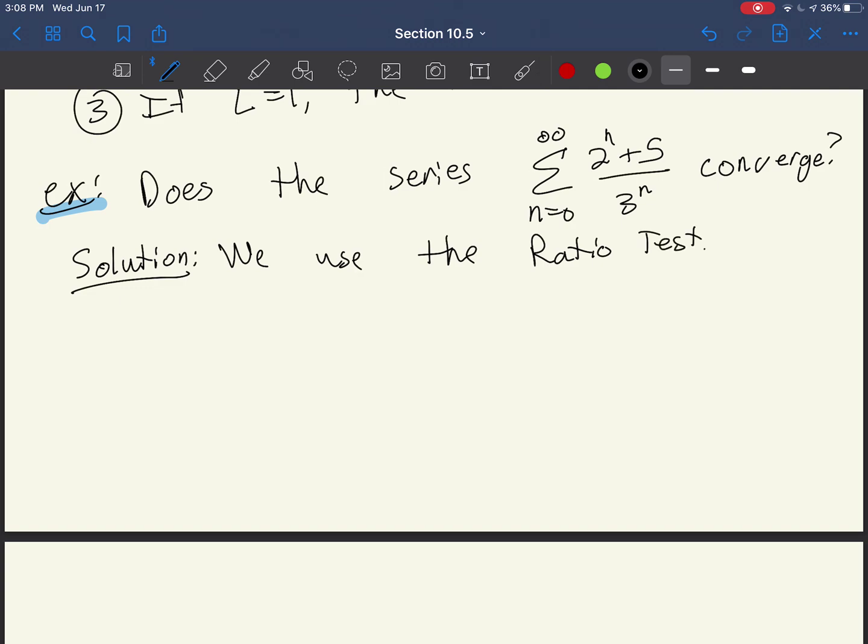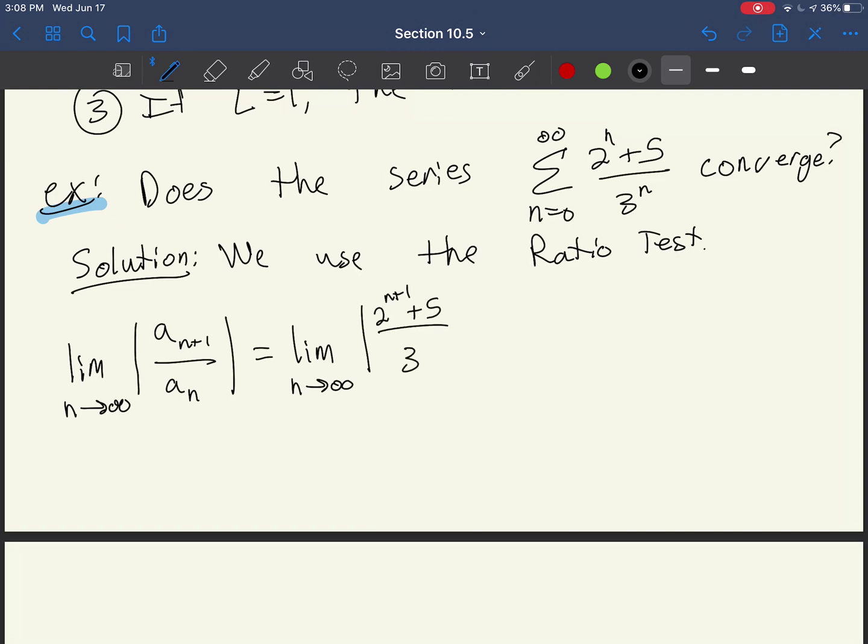So we use the ratio test. So we have the limit as n goes to infinity of the absolute value of the n plus first term, a sub n plus 1, divided by the nth term, a sub n, which is the limit as n goes to infinity of 2 to the n plus 1 plus 5, divided by 3 to the n plus 1, times the reciprocal of a sub n, which would be 3 to the n over 2 to the n plus 5.